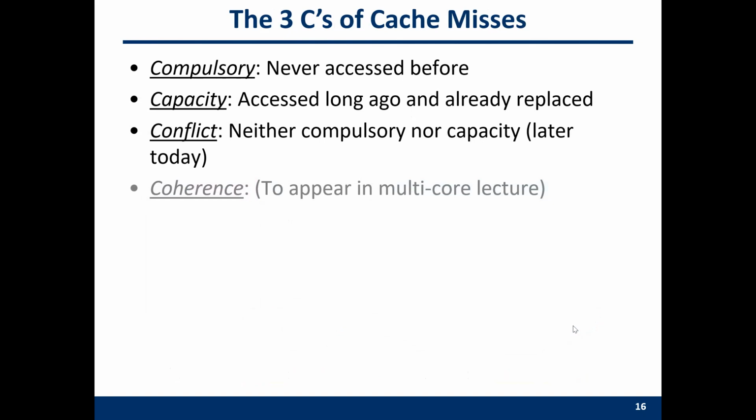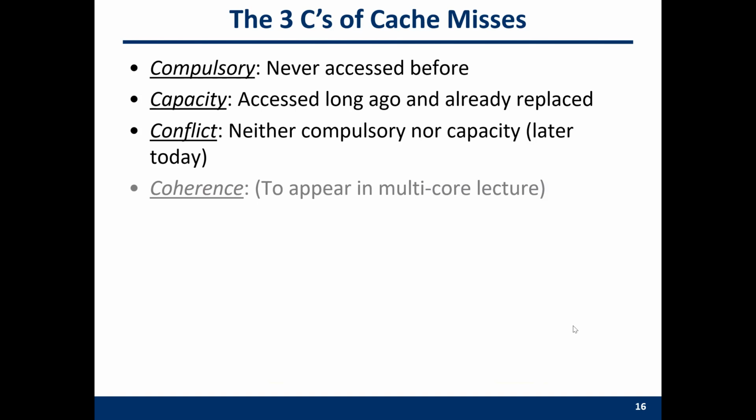The first one is compulsory. It means you never read that piece of data before. This is totally new data, and this is the first time you actually read that data. And of course, you will have a miss. The second one is capacity. You try to sequentially access maybe 1 megabyte of data, but your cache is only 256 kilobytes.